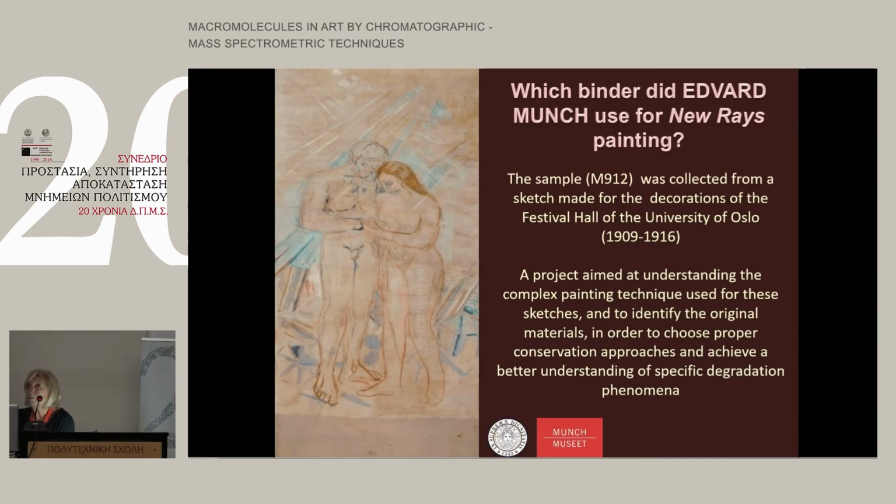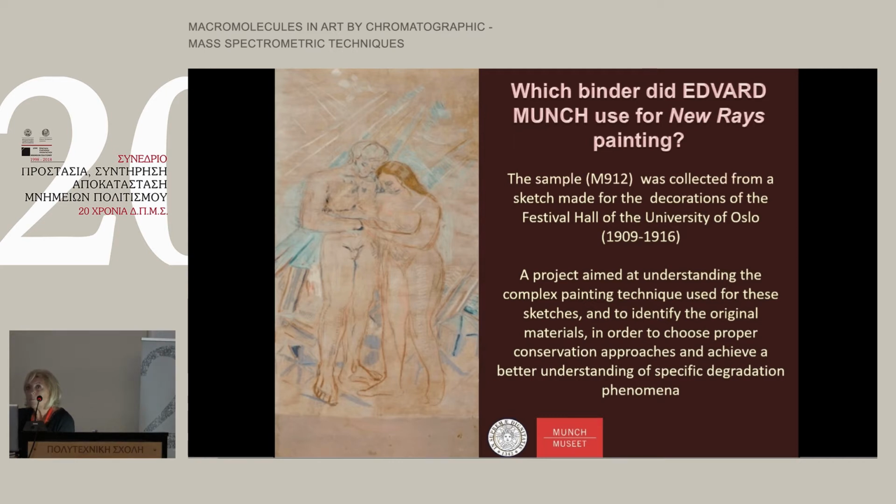Well, what to do with GCMS and HPLC MS? This is a project in collaboration with the Museum in Oslo, in Norway. We are looking for the composition of the sketches and some paintings which Munch produced for the University of Oslo at the beginning of the last century.